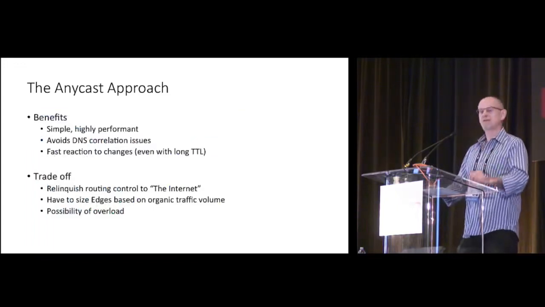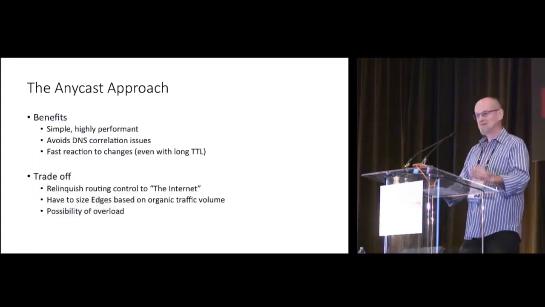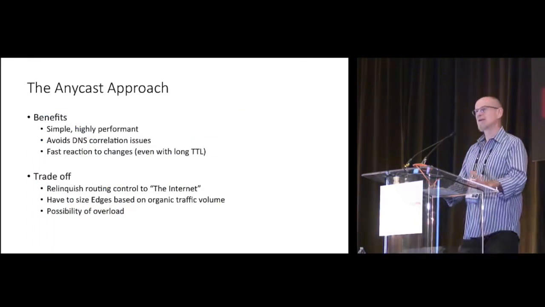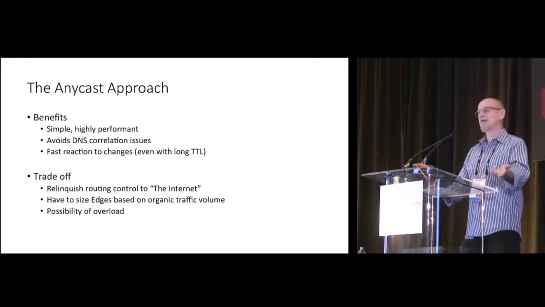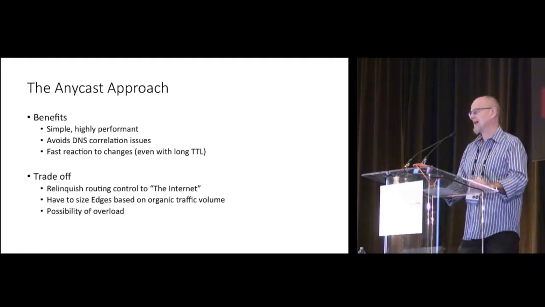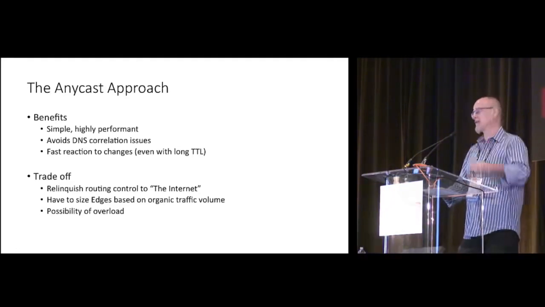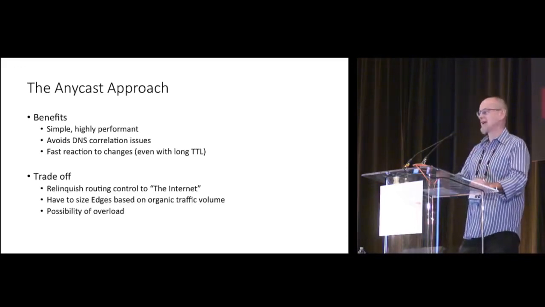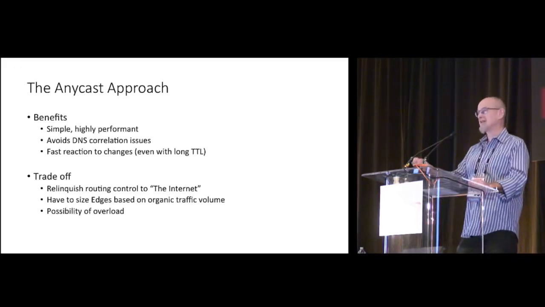So benefits we think of this. It's simple, it's highly performant, so we're going to serve the request from the point at which your traffic entered our network. And that is the best we can do. It avoids the DNS correlation issues. It doesn't matter which DNS server IP you came with, because whoever you were, I gave you the same answer.